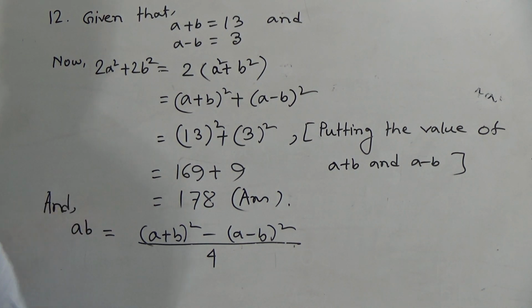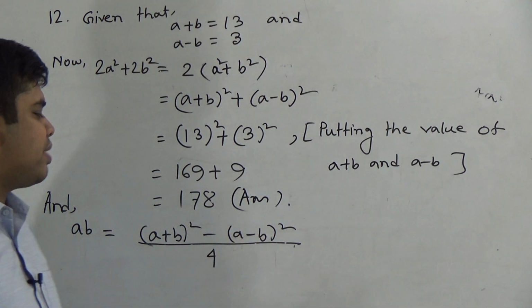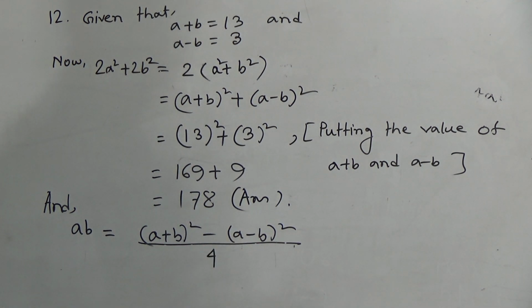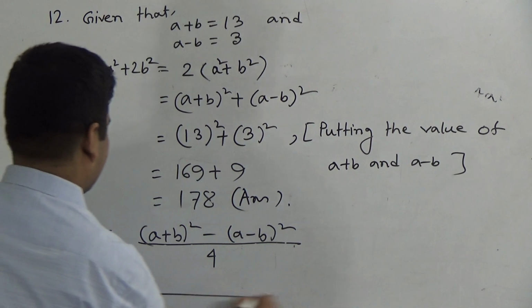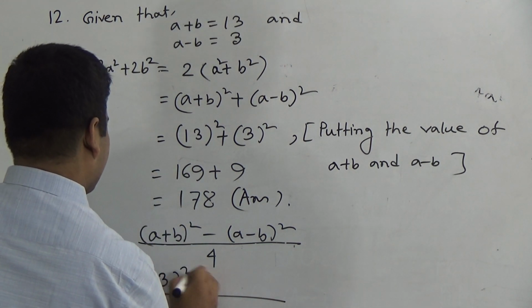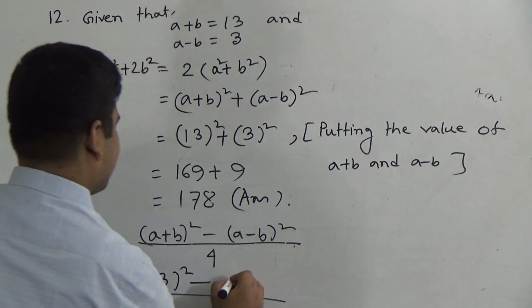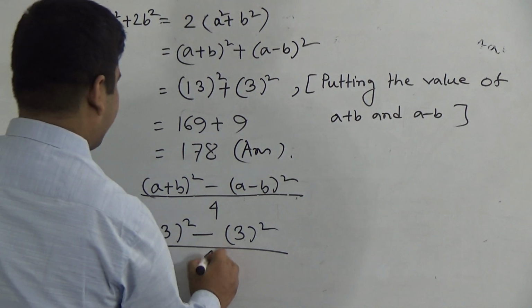Here you write ab equal to a plus b whole square minus a minus b whole square by 4, and the value of a plus b and a minus b is given. Now we put the value of a plus b, which is 13, and the value of a minus b, which is 3. So 13 square minus 3 square divided by 4.